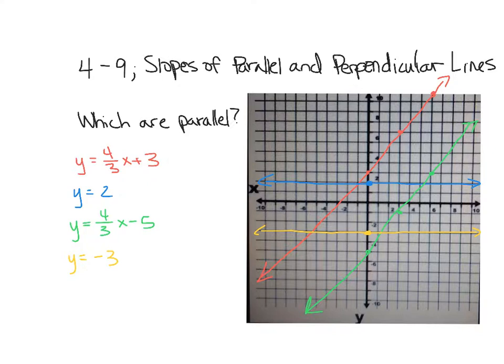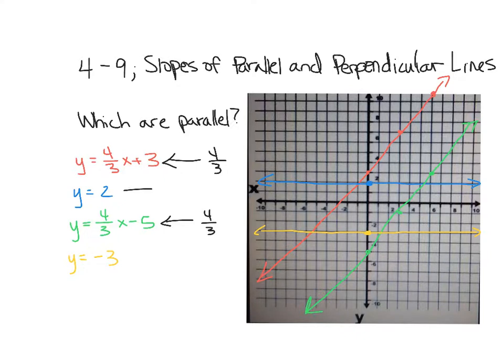So anyways, that's one thing you can do to see which lines are perpendicular or parallel. However, you can also look at the slopes. This one has a slope of 4 over 3, and this one has a slope of 4 over 3. So if they have the same slope, they're parallel.